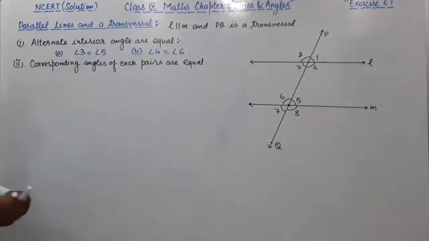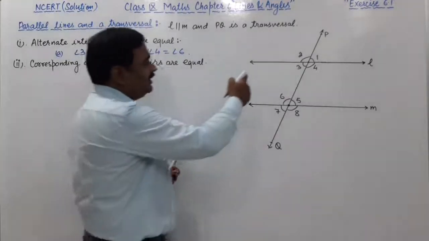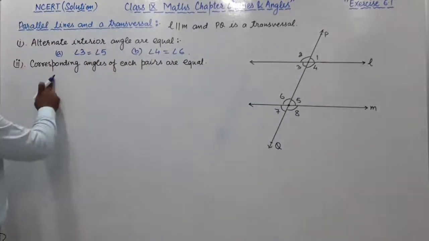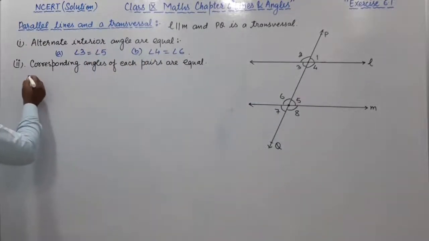Okay, so now the corresponding angles, what have we read? The corresponding angles, angle 1 corresponds to angle 5. So there are 4 pairs of corresponding angles, they will be equal.